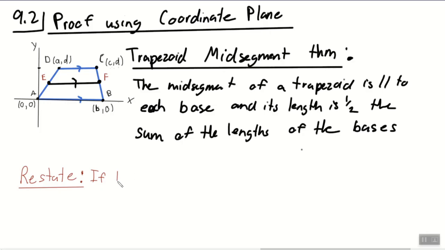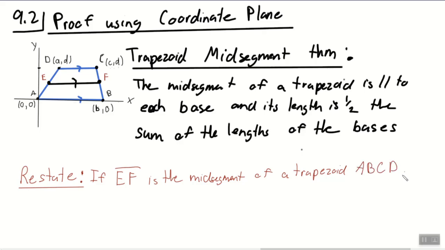Yep, so if EF is the mid-segment of a trapezoid, which we're going to call ABCD, then what would be true using my midpoint theorem? I want you guys to discuss it with the partners next to you.